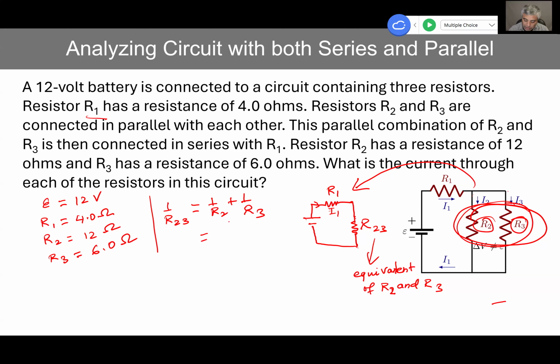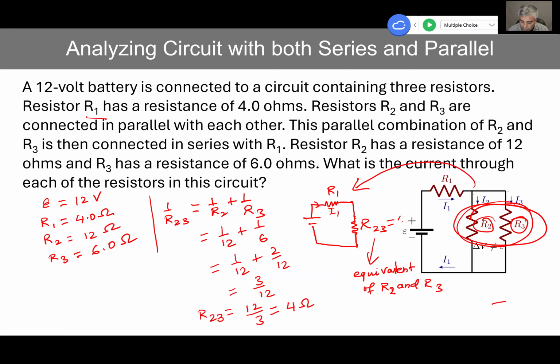So, oh, not a very good combination, looks like. So R2 is 12 and R3 is 6, okay? So 1 over 12 plus 2 over 12 means 3 over 12, means R23 is 12 over 3, which is 4 ohm.